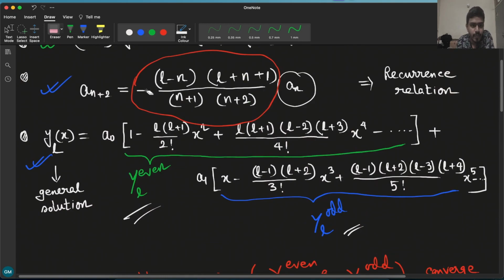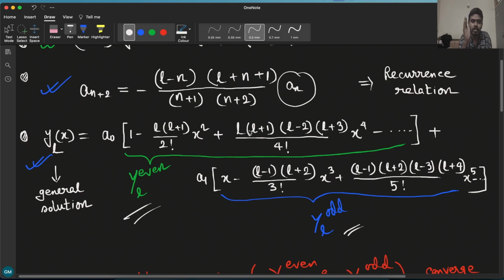So you can see that here this L is multiplied with all the higher order terms except this one. And if I put L equals to 0, then this even series is not a series anymore. It is truncated because all the other terms are 0 except this one. So it becomes a constant, or rather for generalization I can say it becomes a polynomial.